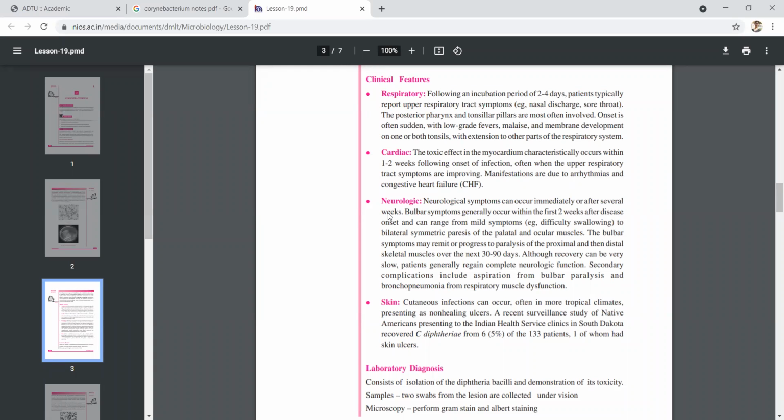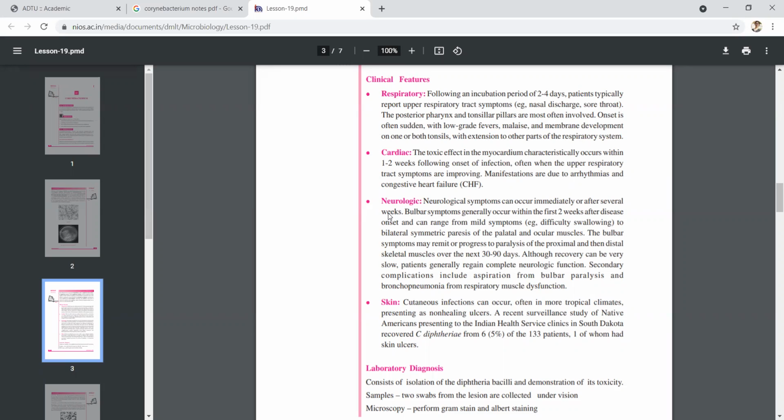Gradually, the symptoms of the upper respiratory tract improve, and as they start improving, if the infection is not cured, you will find that the infection is moving onwards, moving towards a different area. Now it's affecting the cardiac area. So you will find this symptom occurring within 1 to 2 weeks following the onset of infection, but at that time the upper respiratory tract symptoms are improving. Manifestations are due to arrhythmias and congestive heart failure.